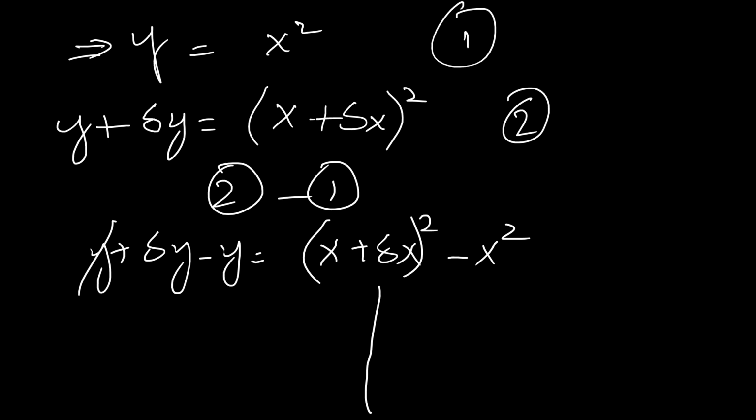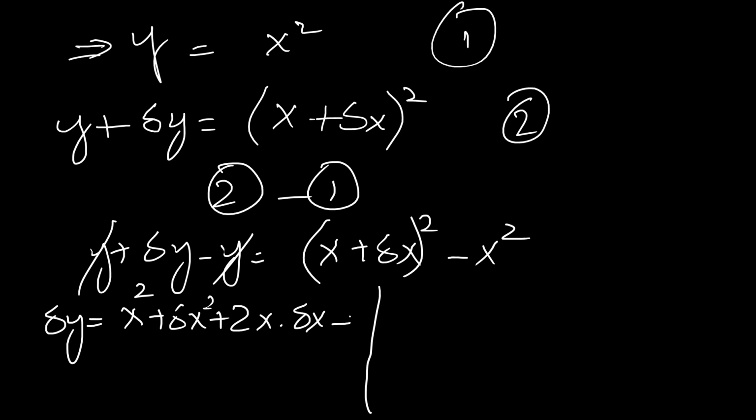Okay, this y will cancel this y out, and we're left on the left hand side with partial y, and on the right hand side, let's expand this square. It will be x square plus partial x square plus 2 times x times partial x, and minus x square.